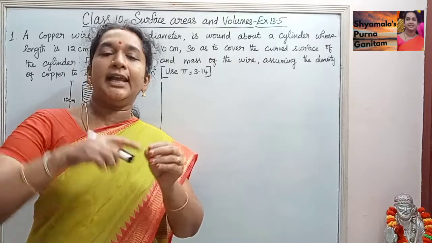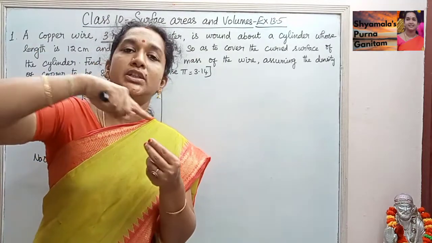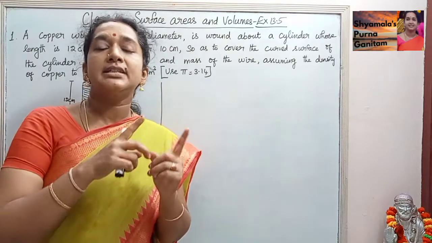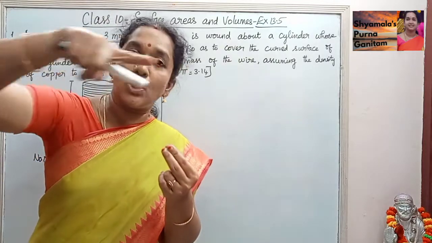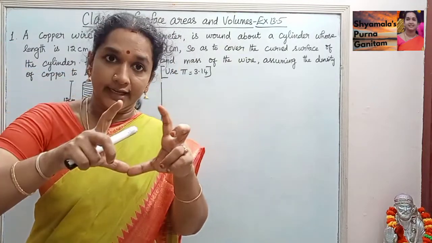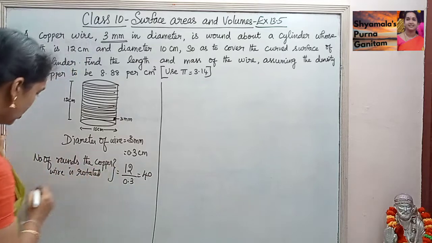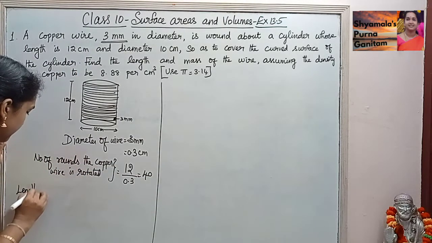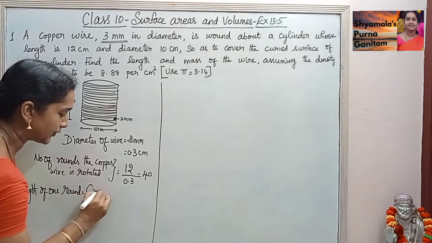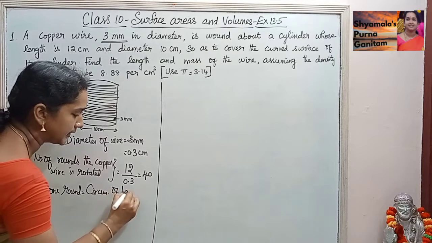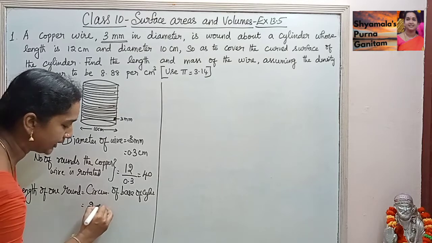If we take the wire and rotate it around the cylinder, one round is equal to the circumference of the base of the cylinder. So the length of one round is equal to 2 pi r.